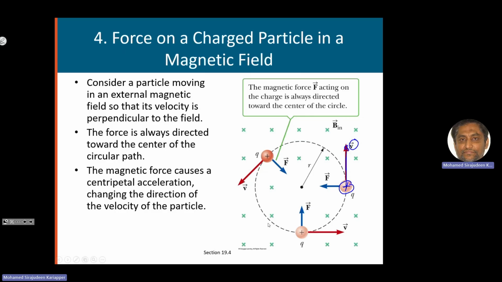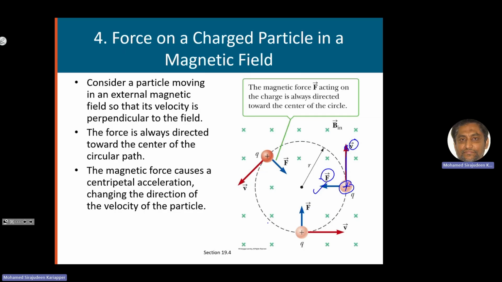So you cannot go like this, you have to go like that. And the thumb is pointing to the left. So the direction of the force is correct. This charged particle, with a velocity perpendicular to the magnetic field, will experience a force to the left in the screen's plane.